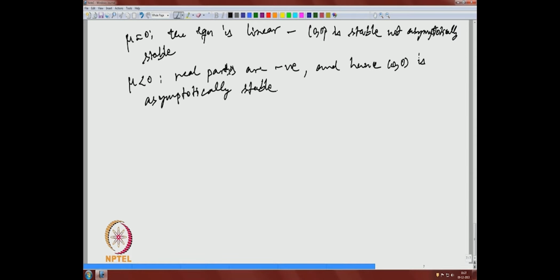a little later. Okay. So, let me now describe a situation when the linear stability analysis implies the nonlinear stability.